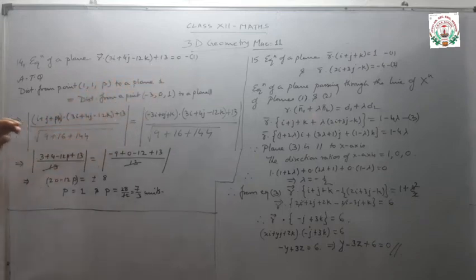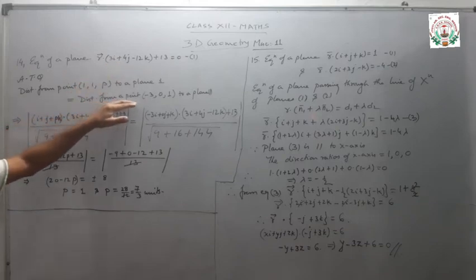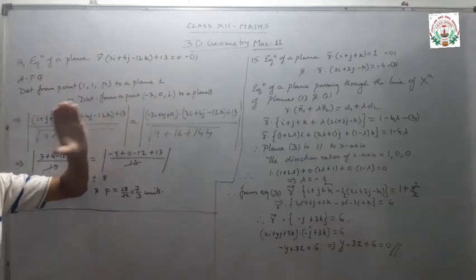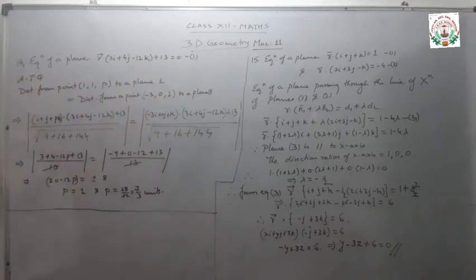According to the question, the distance of the point (1, 1, p) from the plane is equal to the distance from the point (-3, 0, 1) to this plane. The distances from these 2 points to the plane are equal.